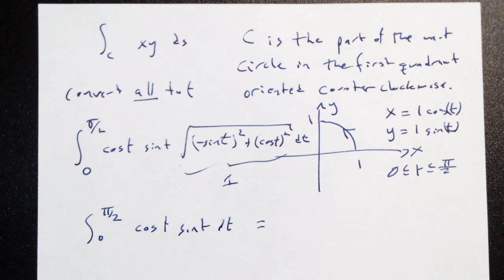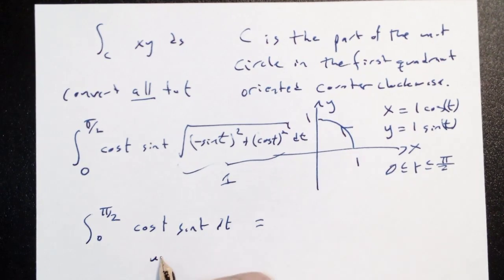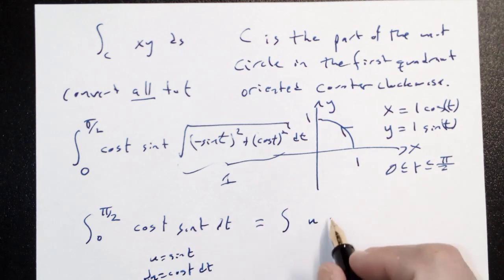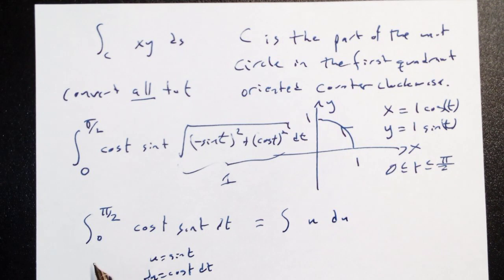What do I do? u equals sine, du equals cosine. Or u equals cosine, du equals minus sine. Your choice, doesn't matter. I'm going to do u equals sine. du is cosine t dt. And this becomes the integral of u du.